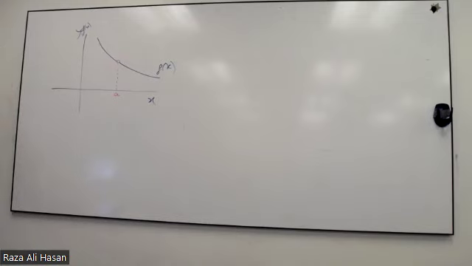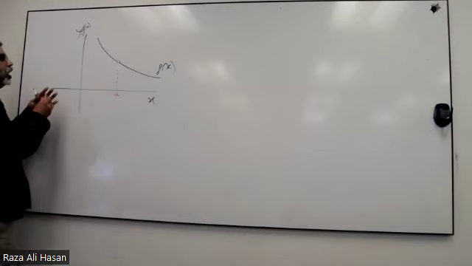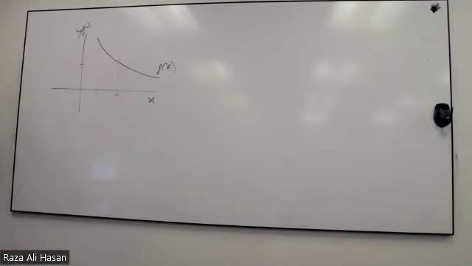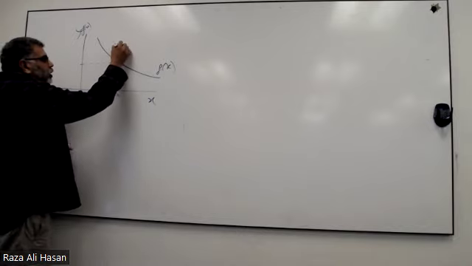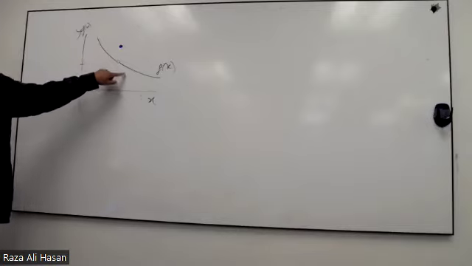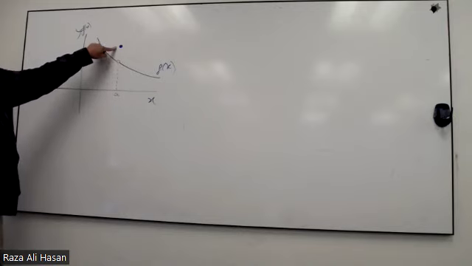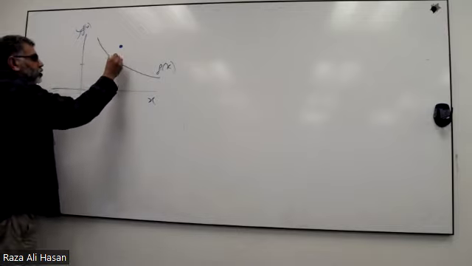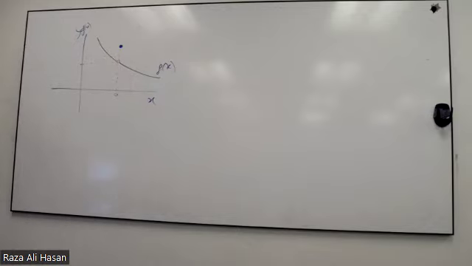If I put a into this function f, is this function f as it's drawn defined at a or not? Very good. What about now? We have a function that has a graph like this and an isolated point sitting right there. If I stick in the value of a, is the function defined at a?